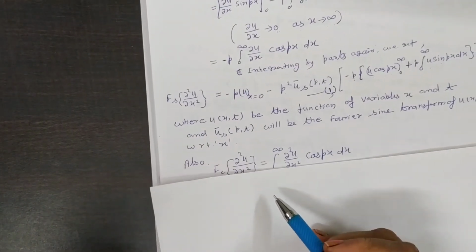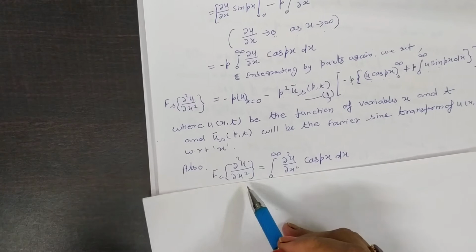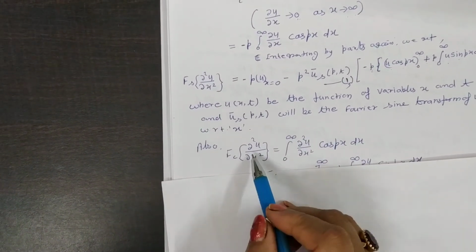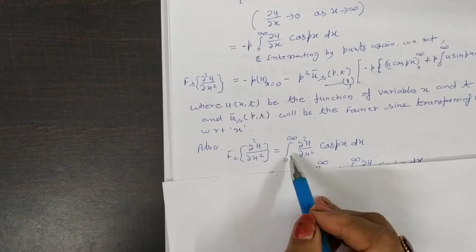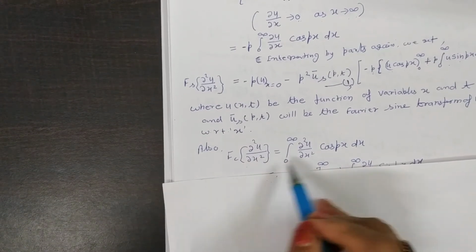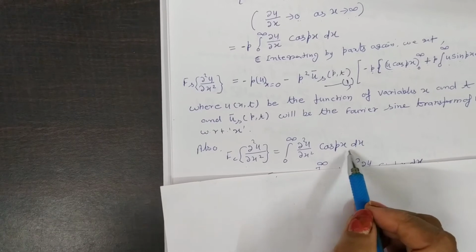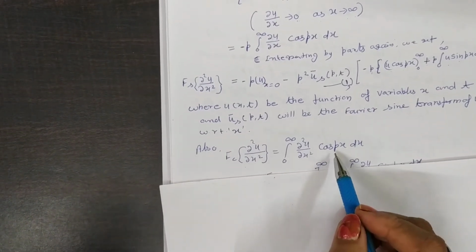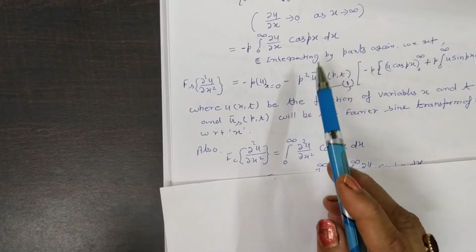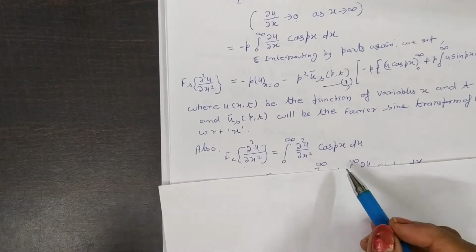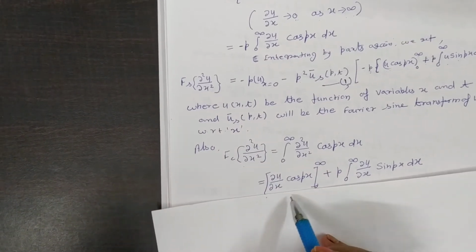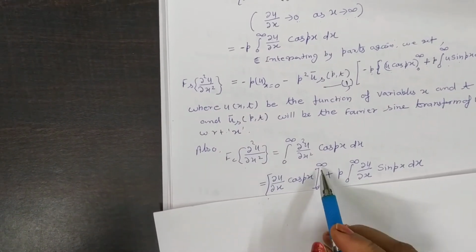Now also for the cosine transformation, if you see, the Fourier cosine transform of ∂²u/∂x² according to the definition is this one. Clear? Now you apply the definition and further integrate. As earlier, similarly you integrate here: first integrating ∂u/∂x cos(px) from 0 to infinity.